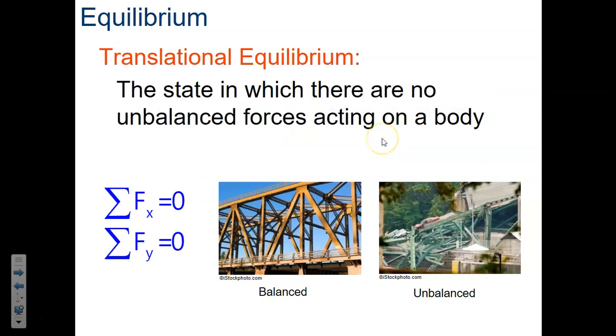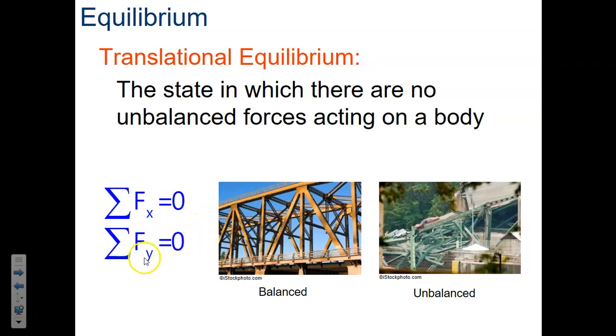Translational equilibrium is one of the situations that we're going to have to consider here. The sum of the forces in the x direction has to equal zero. This is a way of mathematically stating that the left forces have to balance out with the right forces. When I add up my left and my right forces, they should cancel out and become zero.